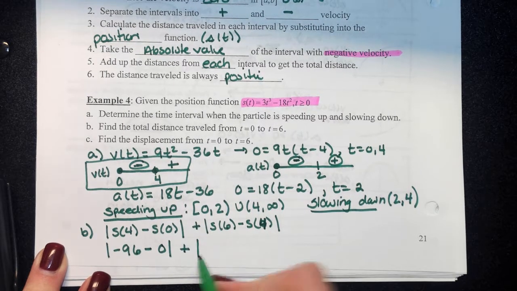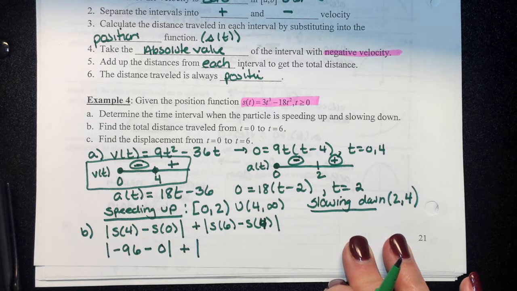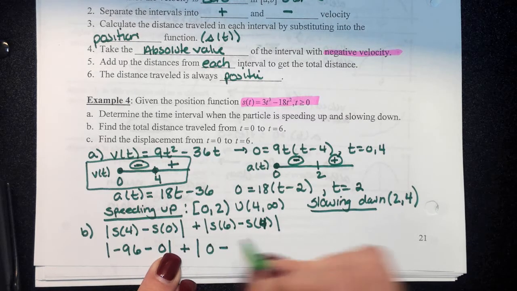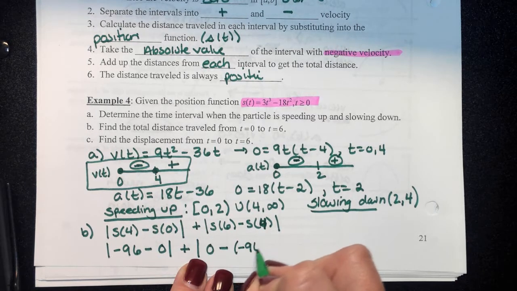Plus, now I'm going to plug 6 back into my position function, so 3 times 6 to the third minus 18 times 36. That gives me 0. And I already know what s of 4 is. s of 4 gave me negative 96.